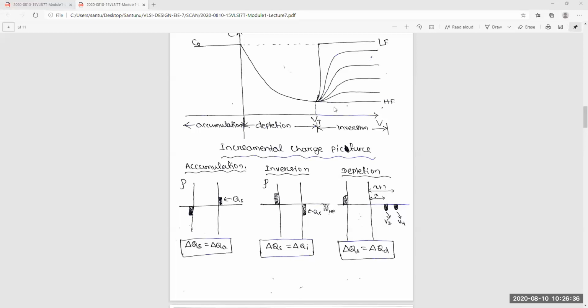It is constant. So at threshold voltage, the capacitance value is minimum. So when you increase beyond that threshold voltage, the capacitance value will not decrease again. It will stay at that minimum value.